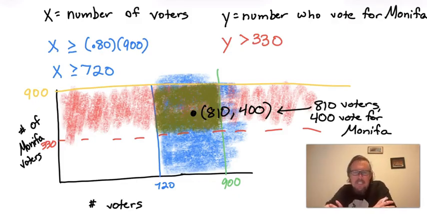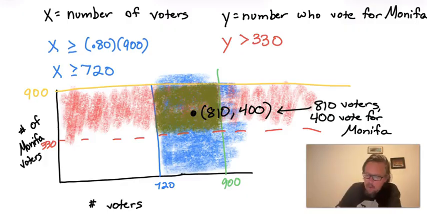Now, the trick is, this is one of those rare times where we have a system of inequalities in which we do not have infinite solutions. The only solutions that we can use here are the whole number solutions. It doesn't make sense to have all the possible decimal solutions in here because you cannot have a partial number of voters.